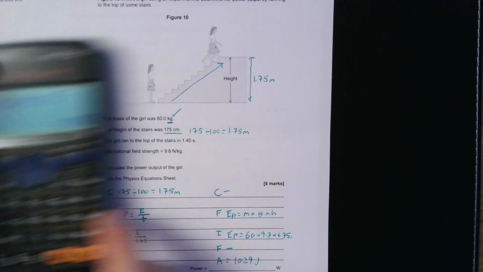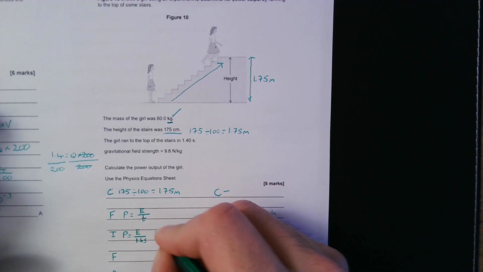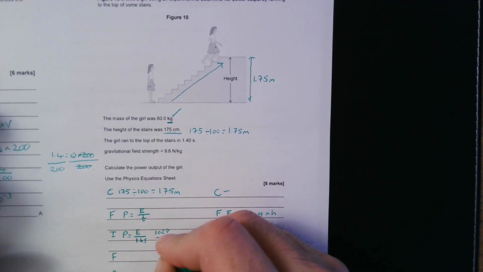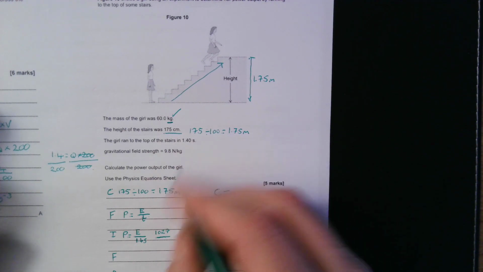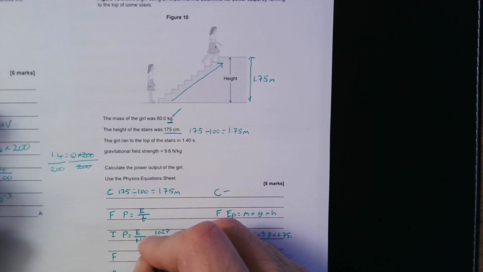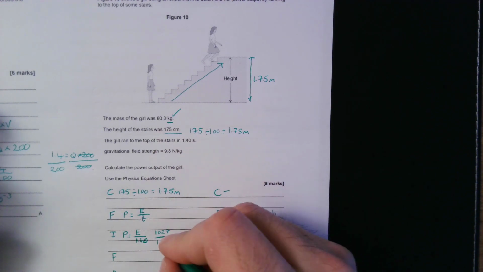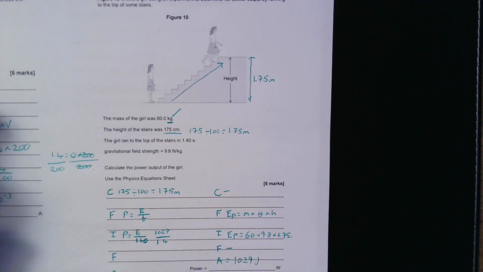Okay, so we know that it's actually 1029 divided by our time of 1.4 seconds. Okay, I think I wrote 1.45 by accident there. Please excuse me for that. It's 1.4 seconds, or 1.40 seconds.